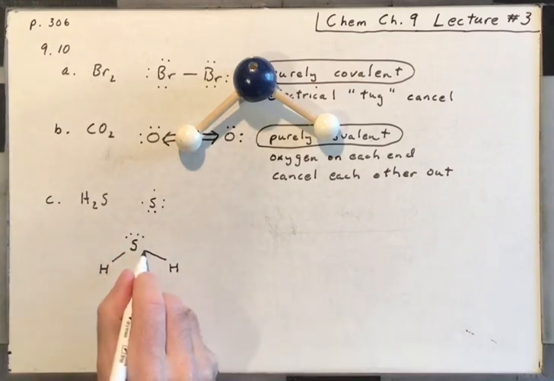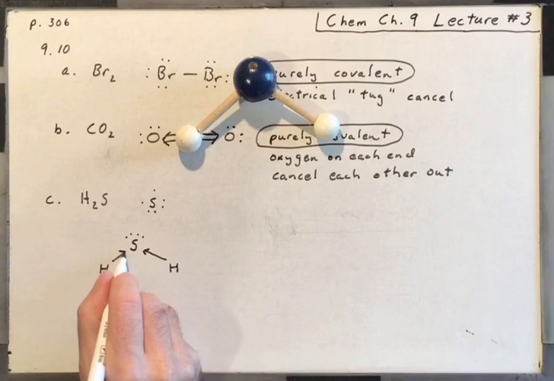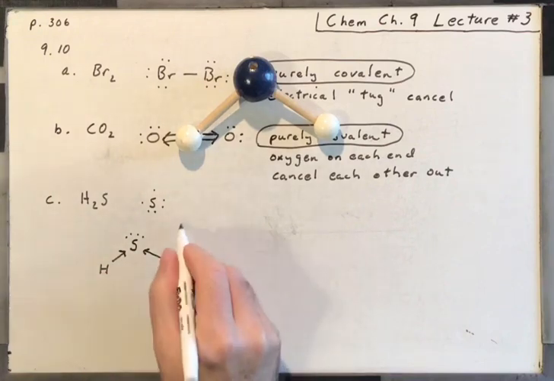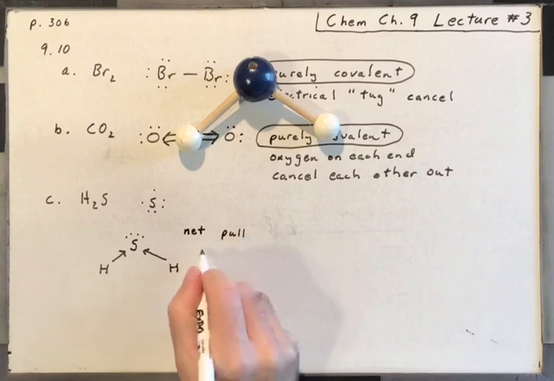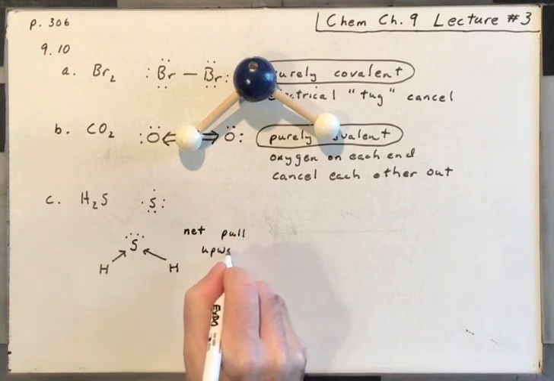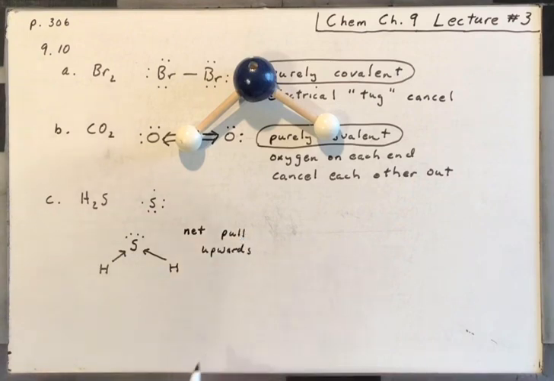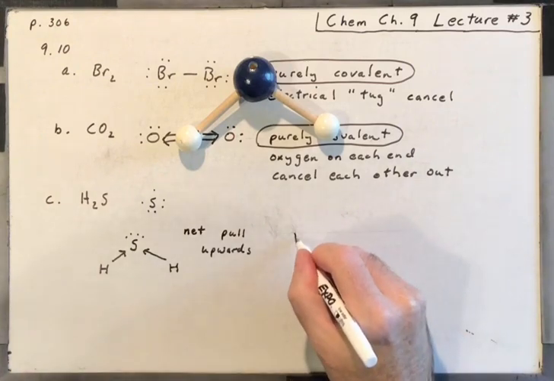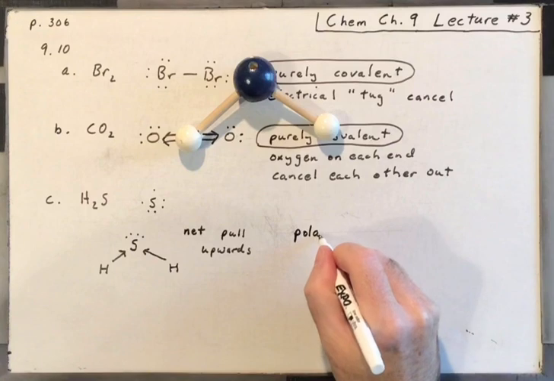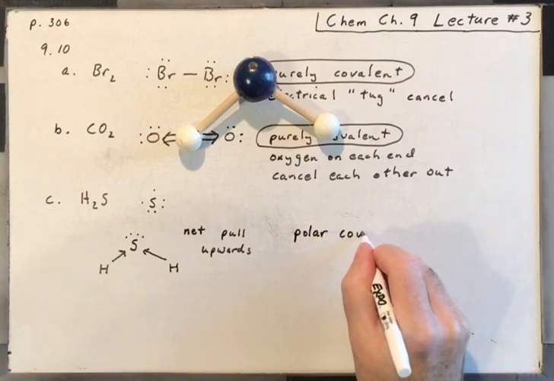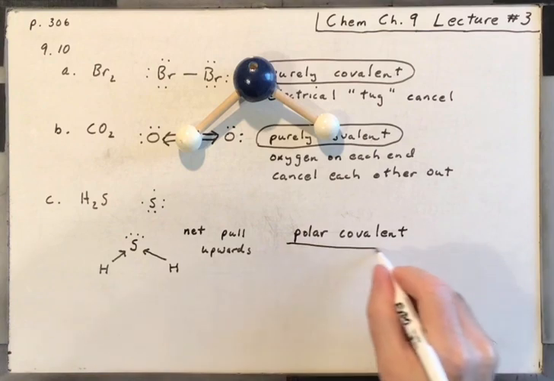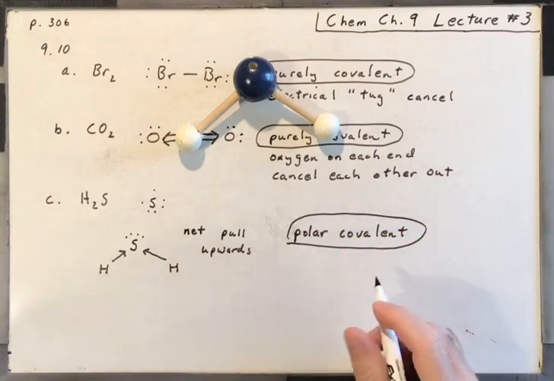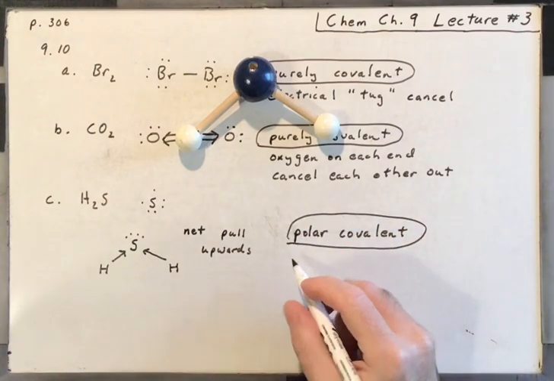Okay, sulfur is more electronegative than hydrogen. So this is going to have a net pull upwards. So if the molecule will move, okay, it's polar covalent. Okay, and I'll give you a hint here.